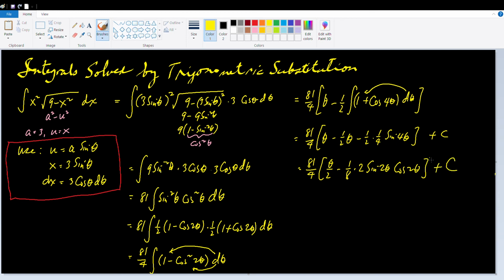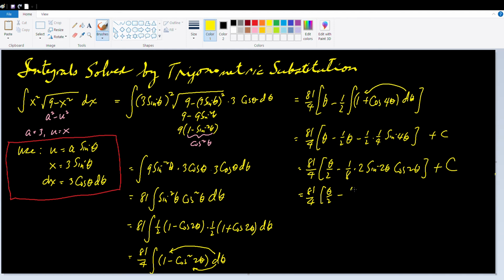Alright, so we are trying to express sine 4 theta in terms of sine theta and cosine theta. So we'll start with sine 4 theta, which is equal to 2 sine 2 theta cosine 2 theta. So that is now 81 over 4, theta over 2 minus 2 over 8 is 1/4.